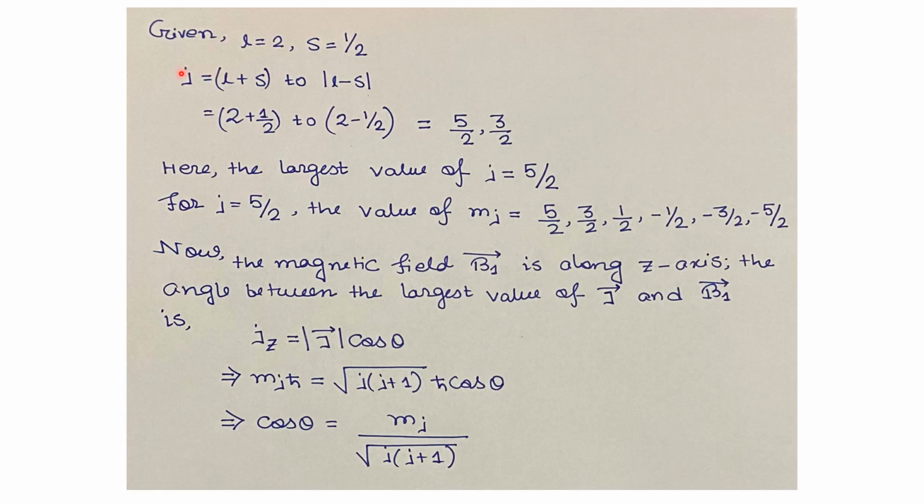It is given in the question that orbital angular momentum quantum number L equals 2 and the spin quantum number S equals half.